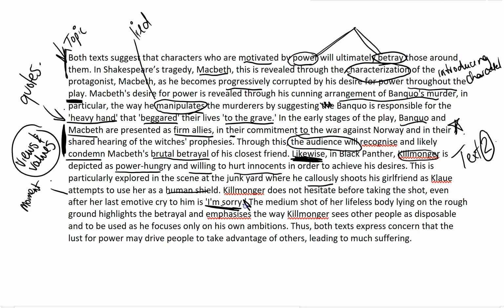And then, after we've used the character moment quote, we're going to pop into some form of analysis. And to find this, you can think about what it shows. So you could analyze here by the "I'm sorry" really invites us to feel sorry for her, because she's done nothing wrong other than be captured, but she's apologizing for it.